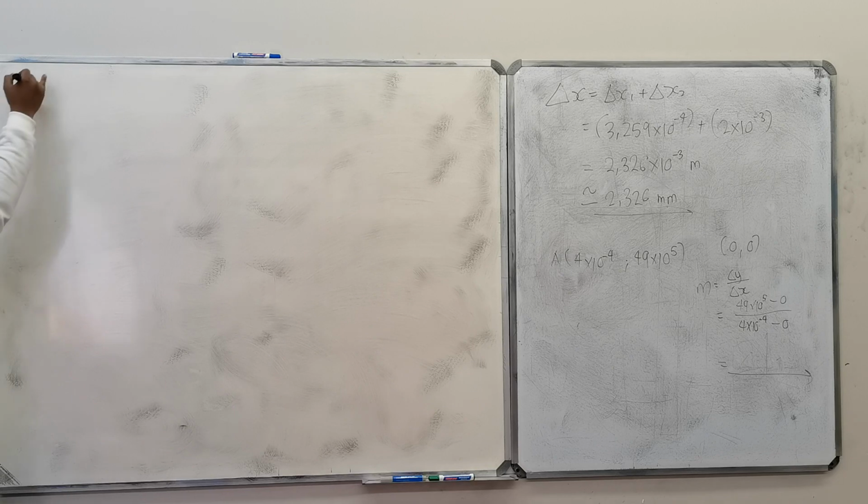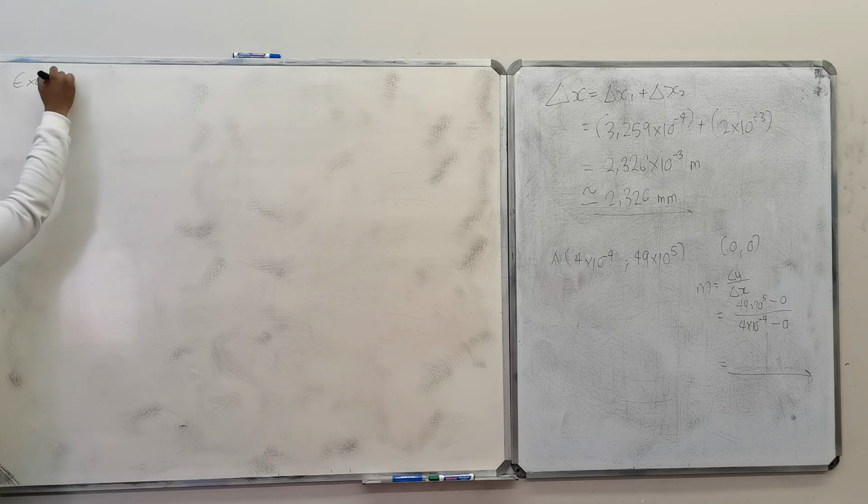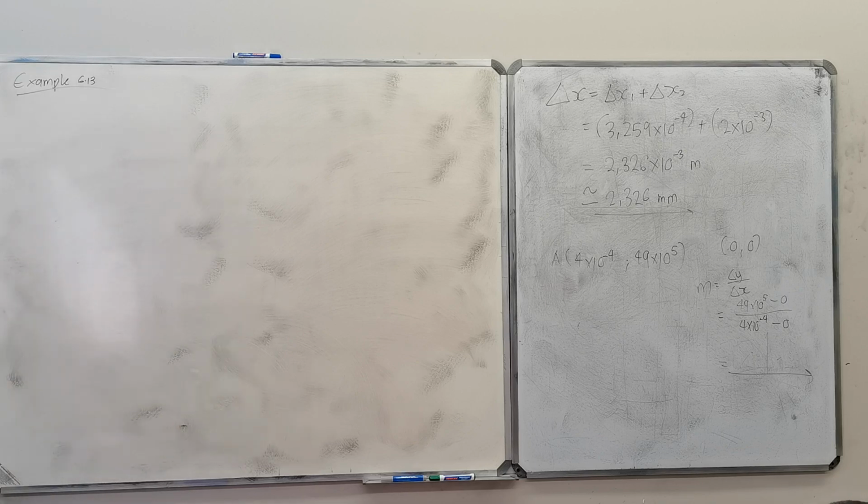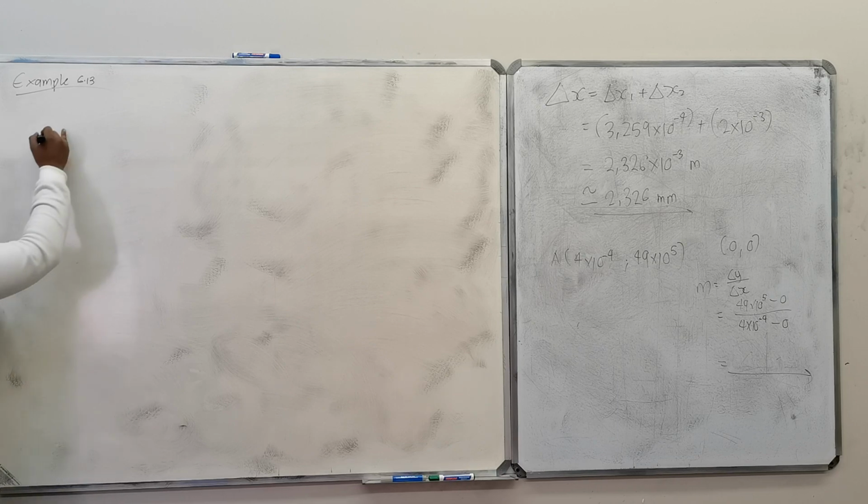Okay. Example 6.13. So what did they tell you? They tell you that a bolt is 450 millimeters long and has a diameter of 110 millimeters for a length of 200 millimeters, right?